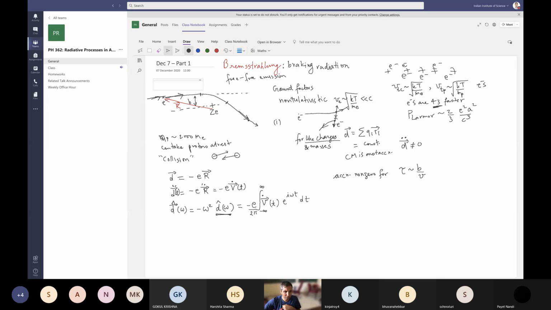So this distance is roughly 2b, or of order b. The force that acts on this electron because of this ion is acting in the direction of the line joining the two charges.